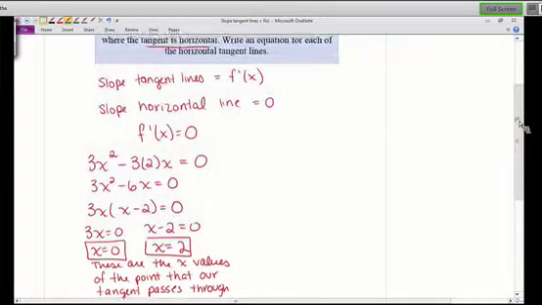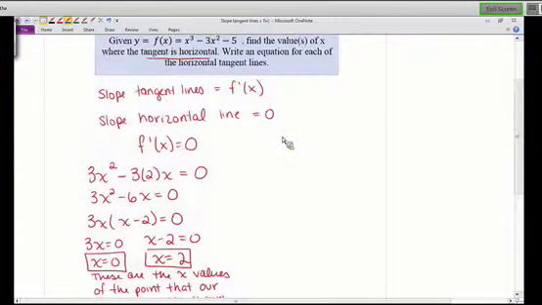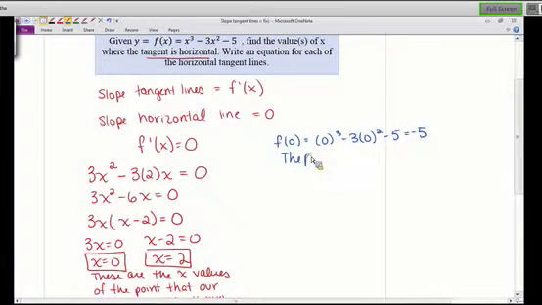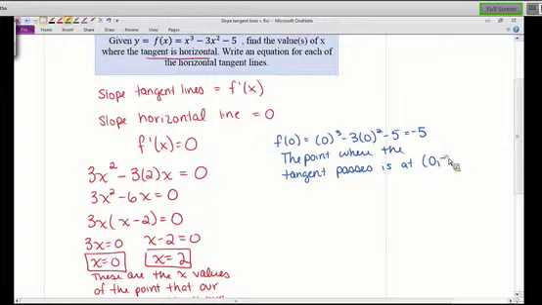Substituting x to be 0 into our original function, this is going to be 0 to the third minus 3 times 0 squared minus 5, which is equal to negative 5. So what did this just tell us? This tells us that the point where the tangent passes is at 0, negative 5.